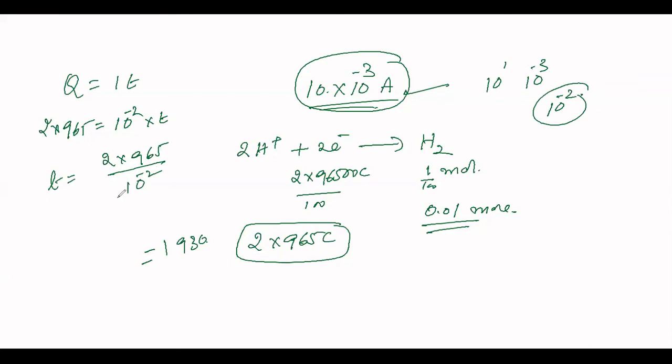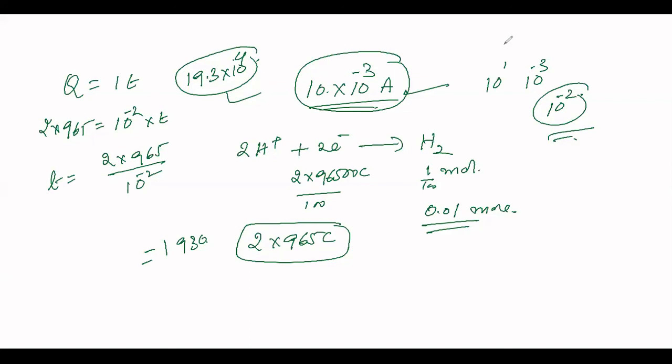In fact, I have put the correct option here also. It is actually the second one, 19.3 into 10 raised to 4. This is correct. Yes? Now you got it? Any doubt here? Anybody having any doubt? You can ask me.